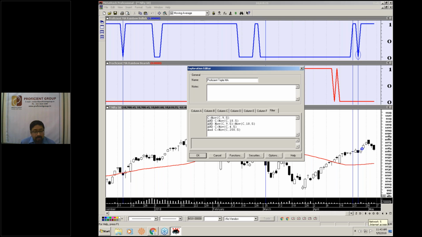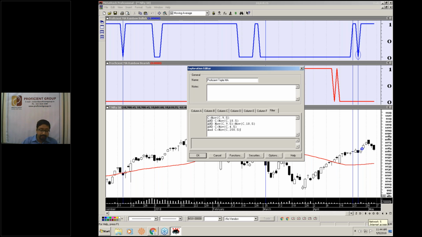This is not a part of my triple screen moving average trading system, but I'm adding it here because I really don't want stocks that are in a primary downtrend but have just gone above these 9 or 18-day moving averages, right? I want to find stocks in a primary uptrend, and this is how I am defining a primary uptrend: the closing price of any particular day is above the 200-day moving average, right?